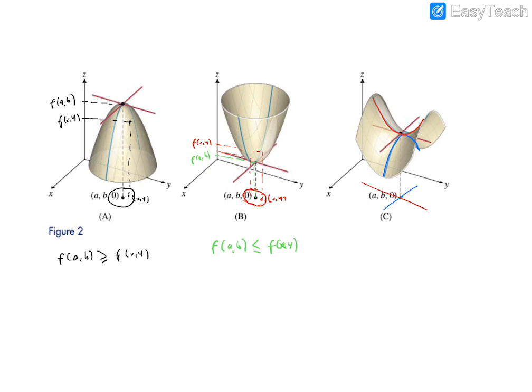In that situation, this point is called a saddle point. A saddle point is neither a local maximum nor a local minimum.